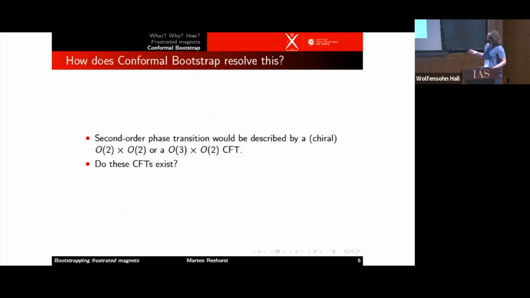The number, O2 or O3, depends, just like in Ising: if you have a normal magnet constrained to be up or down, you would get a Z2, if it's free to move in the plane, you get an O2, and if it's free to move completely, you get an O3. This depends just on whether the magnet is free to move in the plane or in the full space. So both those magnets in principle exist, but we show that neither shows a second order phase transition.